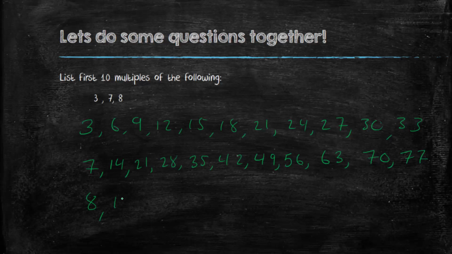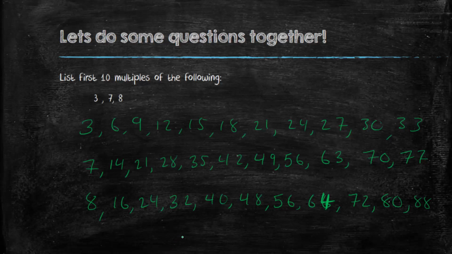And here we've got 16, we've got 24, we've got, well, what's 24 plus 8? 32, we've got 40, we've got 48, we've got 56, we've got 64, sorry, 64, 72, and 80 and 88.